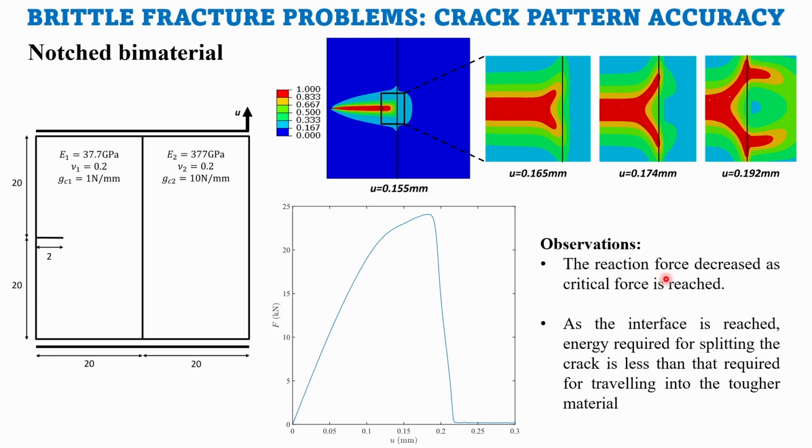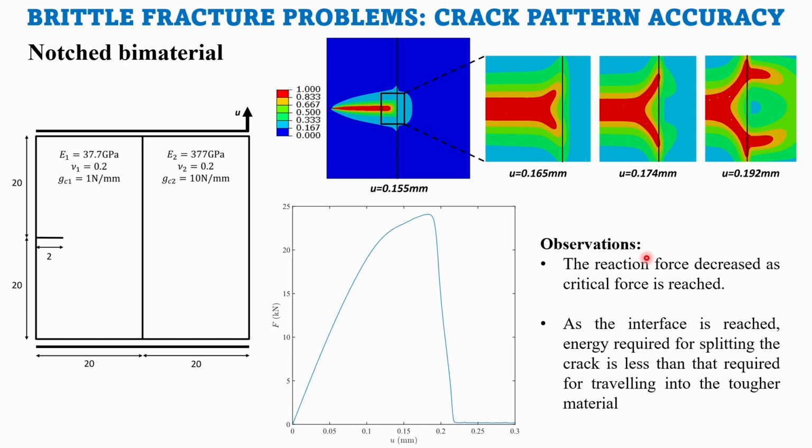So observations: the reaction force decreased as critical force is reached. Critical force means the peak. And as the interface is reached, the energy required for splitting the crack is less than that required for traveling into the tougher material. Which is obvious because the crack will always take the path of least resistance or least energy.